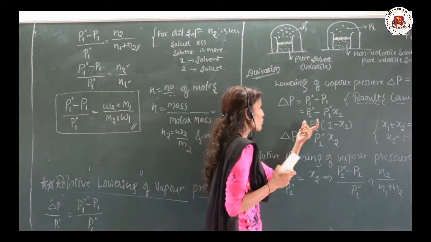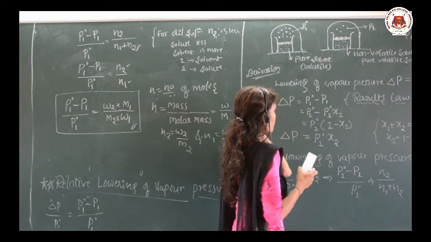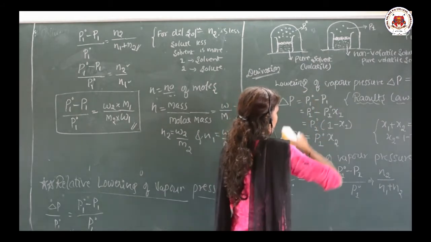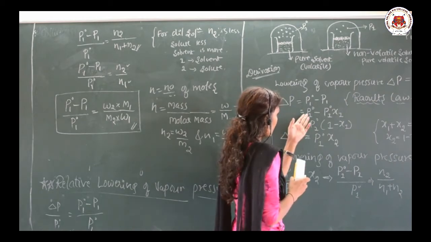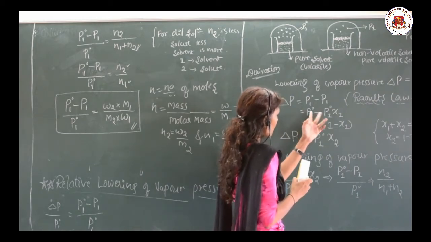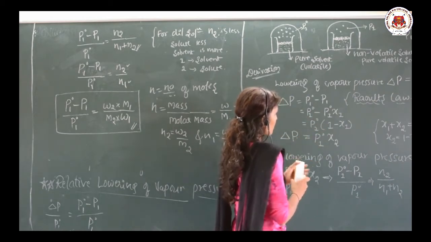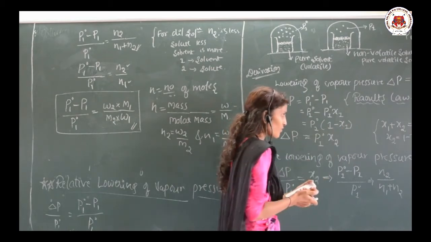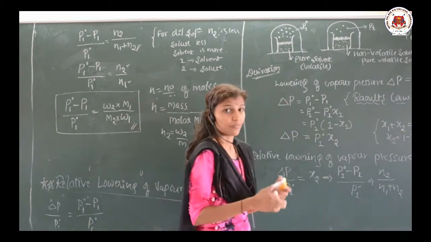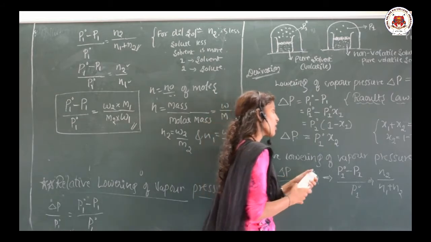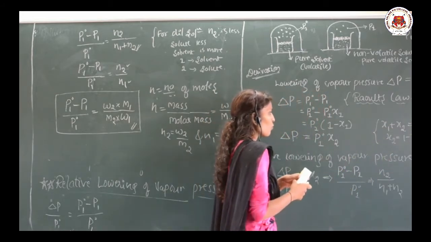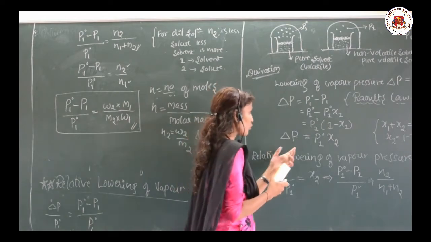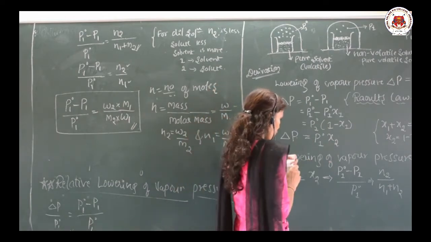So I have substituted P1 as P1 naught into x1, and then P1 naught is common in these two terms. What remained in the bracket? 1 minus x1. According to the mole fraction concept, x1 plus x2 is equal to 1, so x2 is equal to 1 minus x1. So I am going to take it as x2.